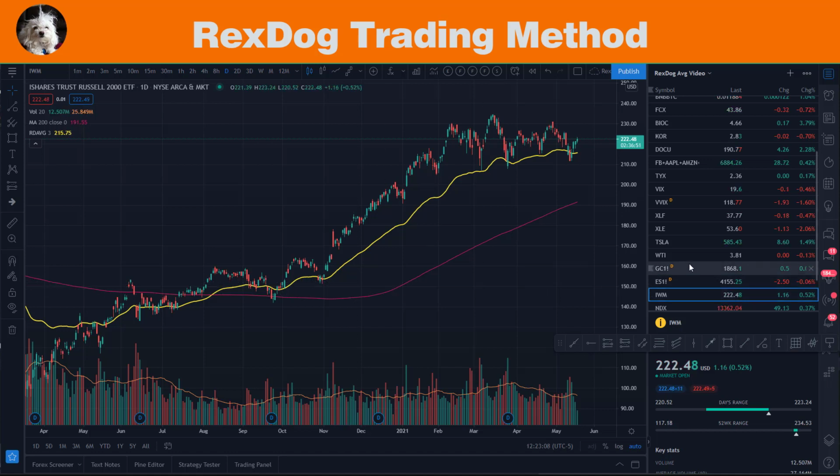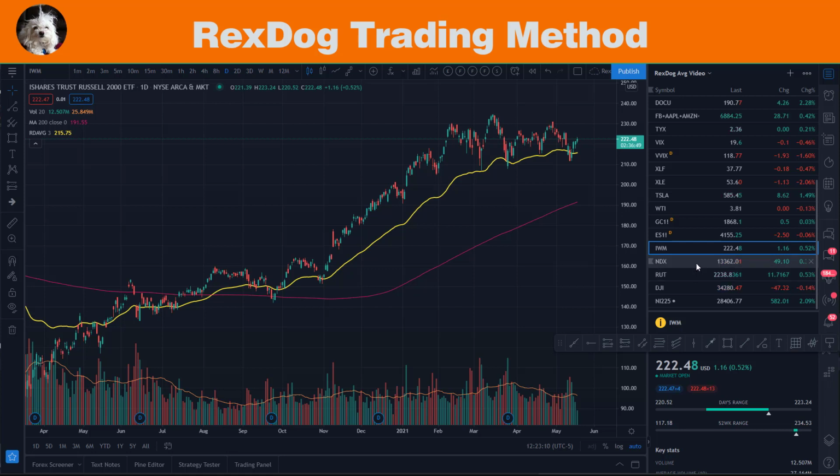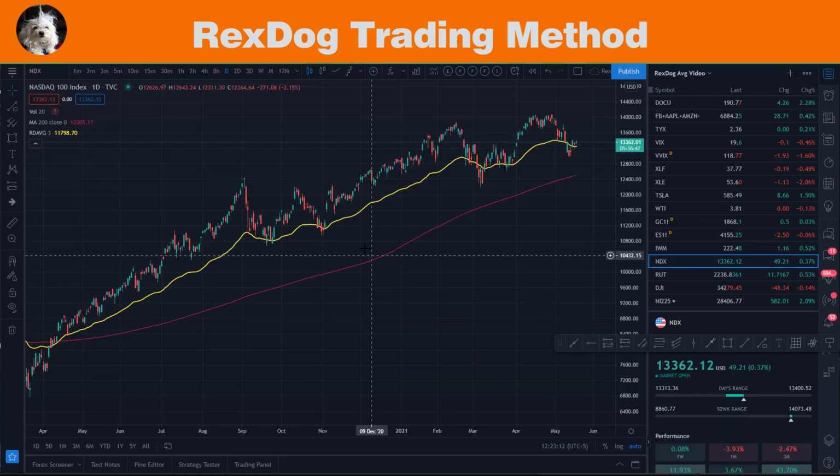That's why I probably should have started with that. Let's go with NDX. NDX, once again, this is a shot across the bow that, hey, maybe the momentum has changed and maybe we're looking for a bigger pullback on the NDX.